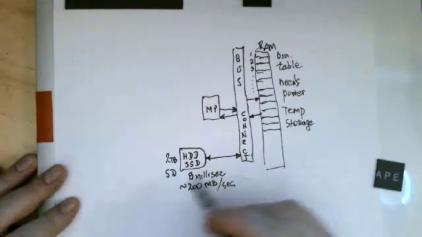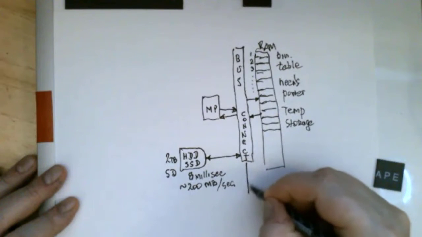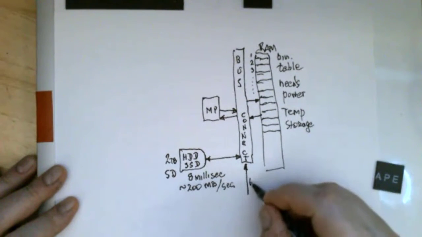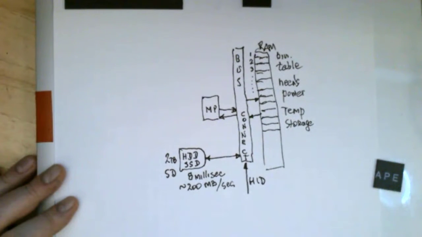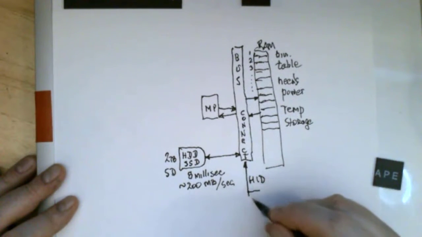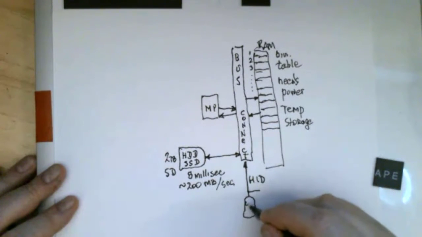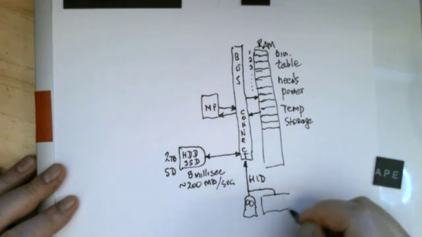What else do we need, folks? We need a human interface device. Let me connect it here. Human HID, human interface device, because this computer is used by you and your relatives, so that will be a mouse and that will be a keyboard.